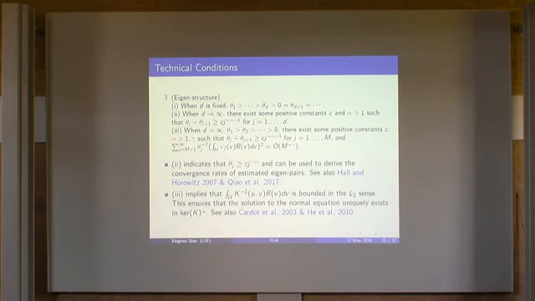If D is infinity, then not only do we control the eigengap, but also the bias term, because here we use a finite truncation. It turns out that this eigengap condition indicates that the J-th eigenvalue will be bounded below by J to the power minus alpha. So alpha large means this eigenvalue will decay very fast to 0.